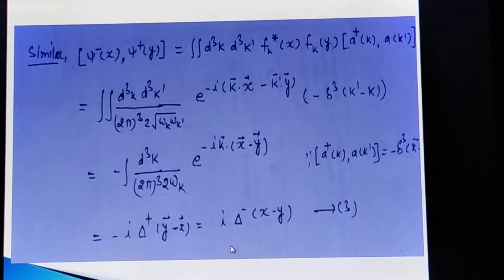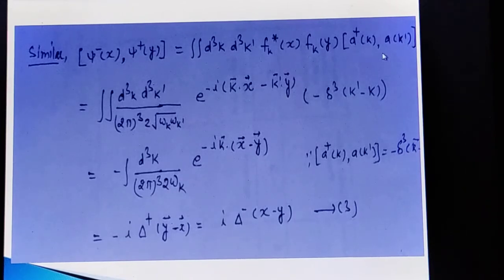Now similarly, we will have to find out the commutator of psi minus x comma psi plus y, and this commutator will be equivalent to the integration of d3k dash f k star x f k y, and the commutator of a dagger k comma a k dash.